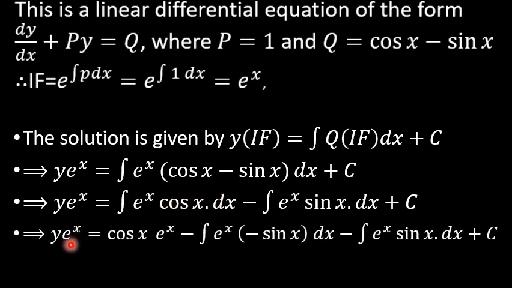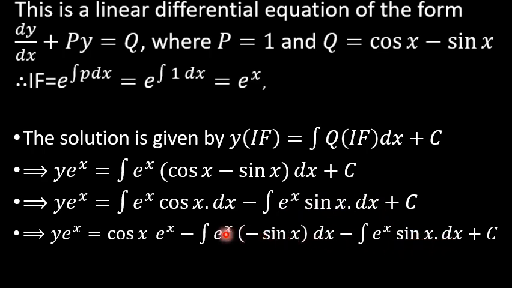So we get y into e to the power of x is equal to first function cos x and integral of e to the power of x, which is e to the power of x here, minus integral of e to the power of x into the derivative of cos x, which is minus sin x, minus, let us keep this integral of e to the power of x into sin x as it is.